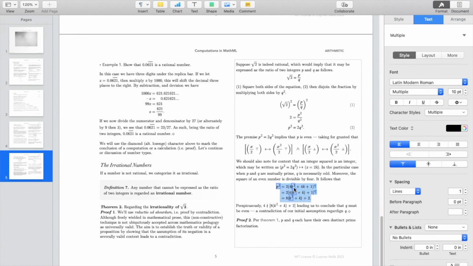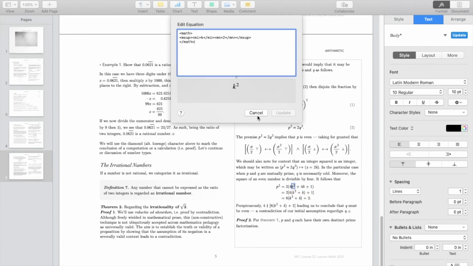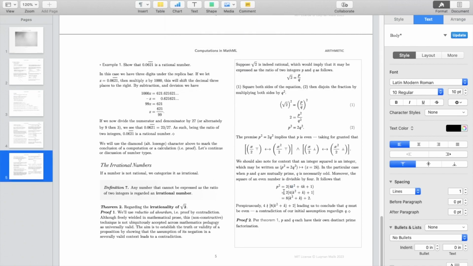Okay, and again, a bit of MathML in here, nothing crazy. So p squared is equal to this expression, which can be reduced to this expression, which can be reduced to this expression. Now, with this final expression right here, we can see that it is in fact not divisible by 4.